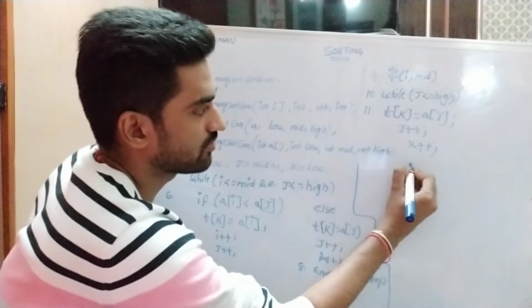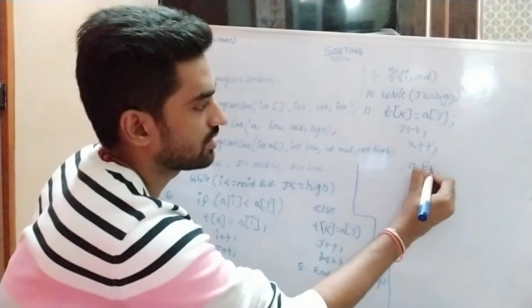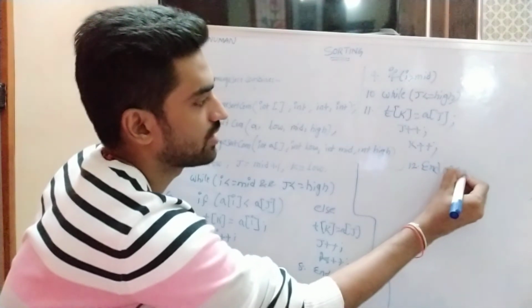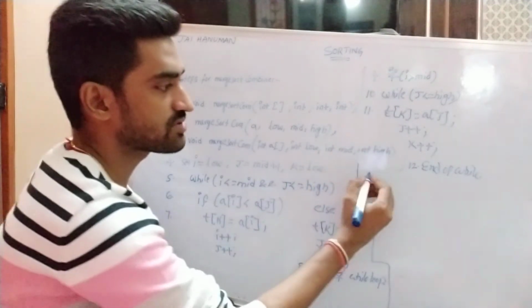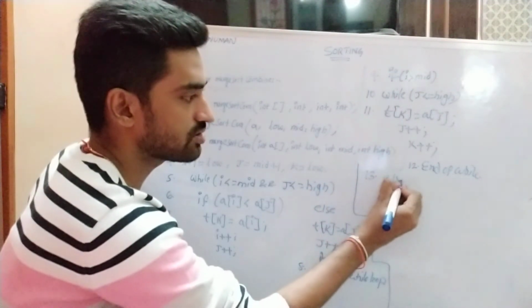So here finally end of while. So once this condition fails, in the else part we are checking one more condition.